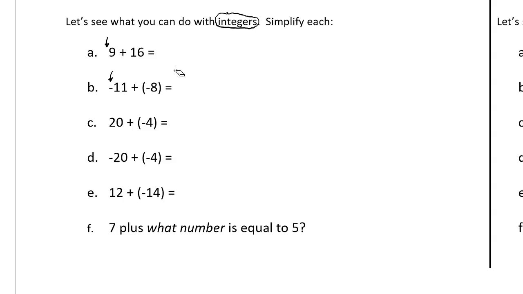Now for integers, what I do not see are any decimal points or any fractions or any more complicated symbols like square root symbols. So I feel like I have an understanding of what integers are going to look like. Positive or negative numbers that don't involve decimals, fractions, or square roots.